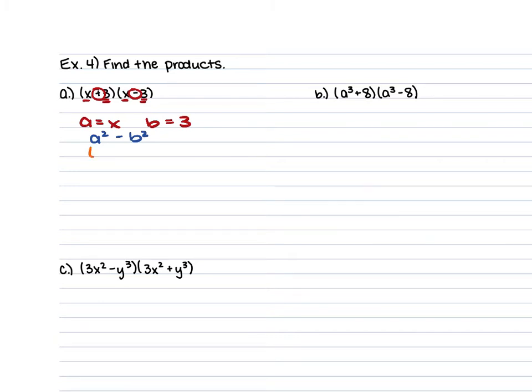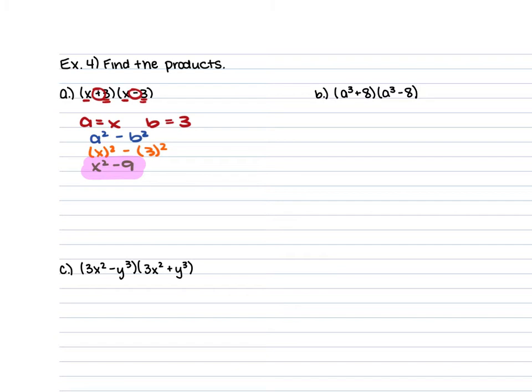So we're going to plug these values in. We have x squared minus 3 squared. So this is going to give us x squared minus 9. Again, you could just FOIL these and get the same exact answer once you combine like terms. It's totally up to you which way you decide to do these.